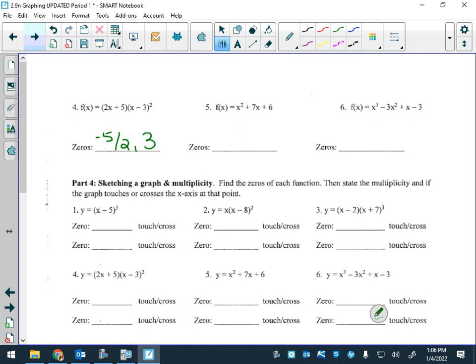Good. All right. Now 5 and 6, you had to factor. So for number 5, how would I factor that? Caitlin? Good. So therefore, what are your 2 zeros? Good. Excellent. Okay. Number 6, you had to factor by grouping, by splitting the middle.